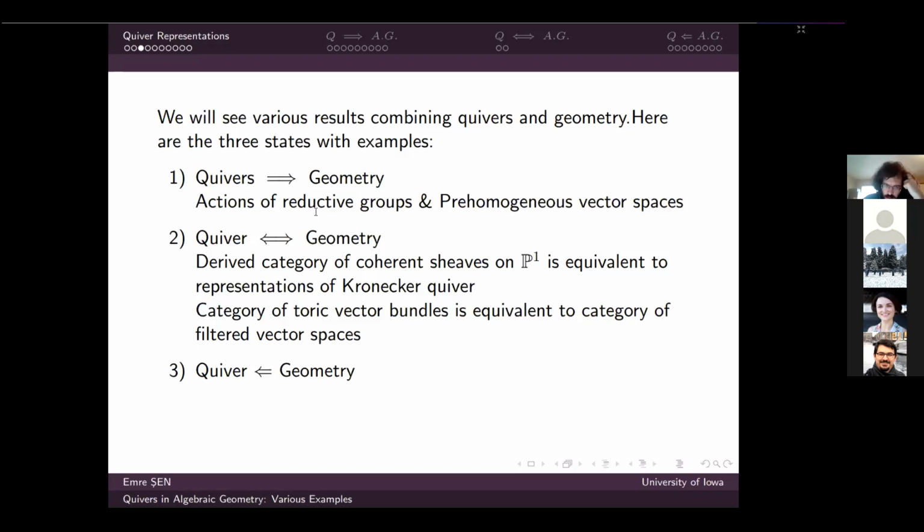And the other result we can see is the category of toric vector bundles. This is equivalent to the category of filtered vector spaces, whatever that means. But we can recapture this data of filtered vector spaces in a quiver. We can do that.